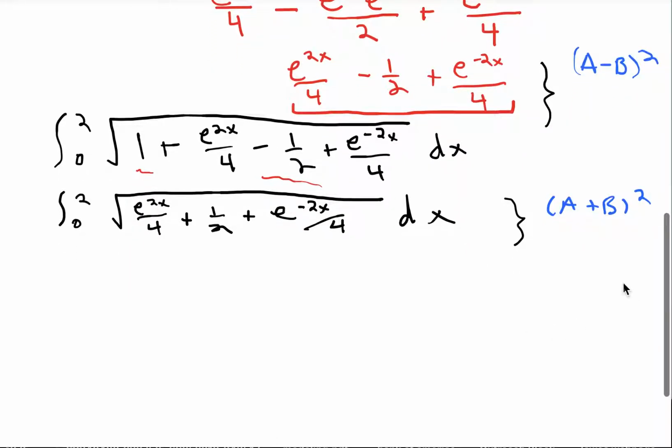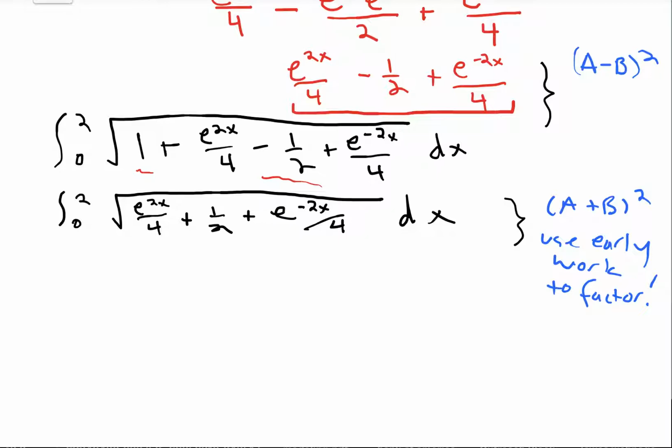So I'm hinting that we want to use my earlier work to help us factor this. What that earlier work suggests is that when I factor this, it is indeed a square.